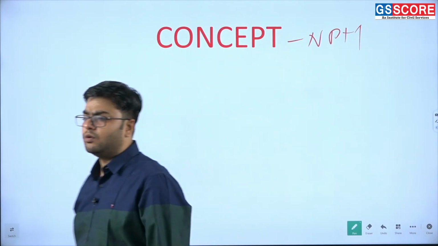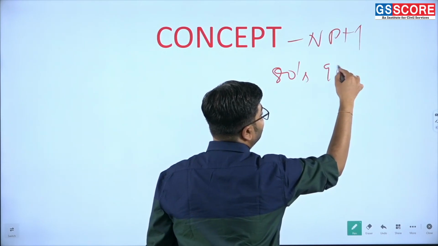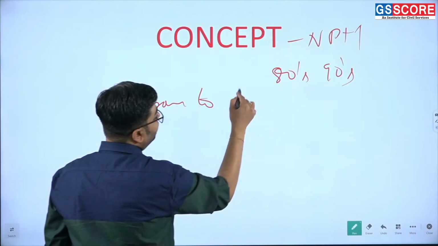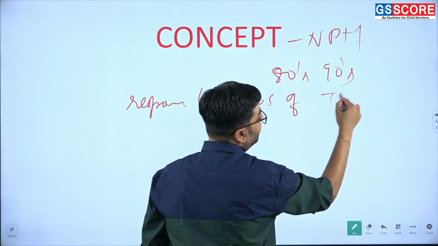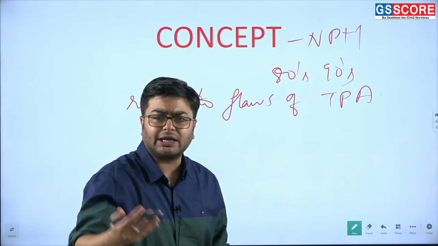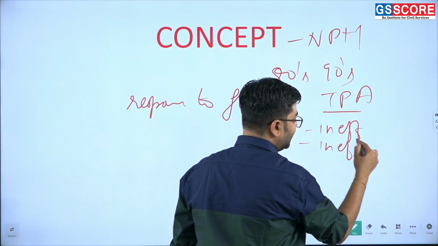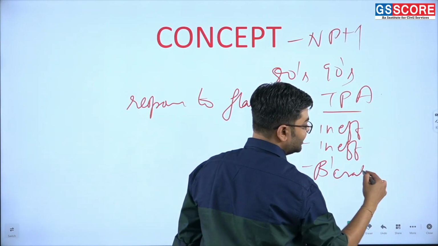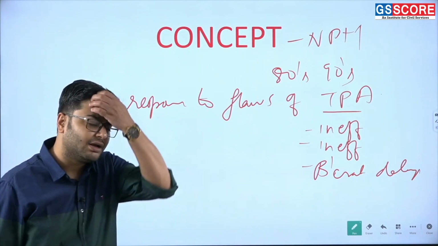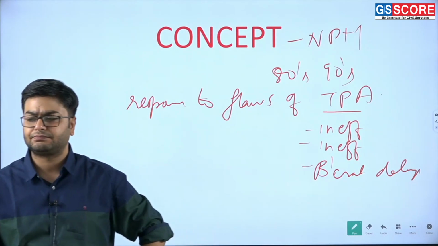Now, if you look at new public management, it emerged in the 80s and 90s as a response to flaws of traditional public administration. Traditional public administration came to be identified with inefficiency, ineffectiveness, bureaucratic delays, lethargy, bureaucratic inertia, especially in the wake of Reaganism and Thatcherism.